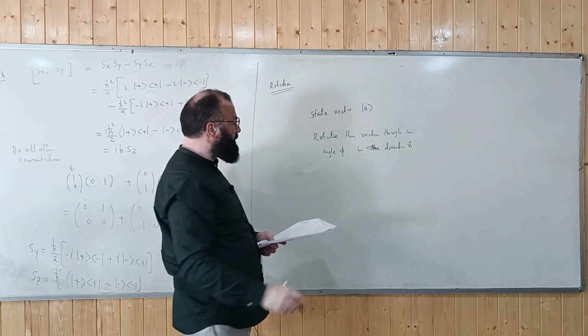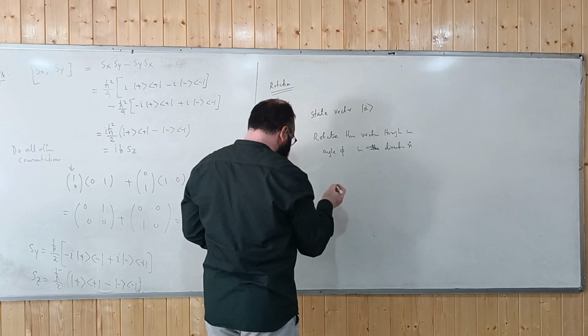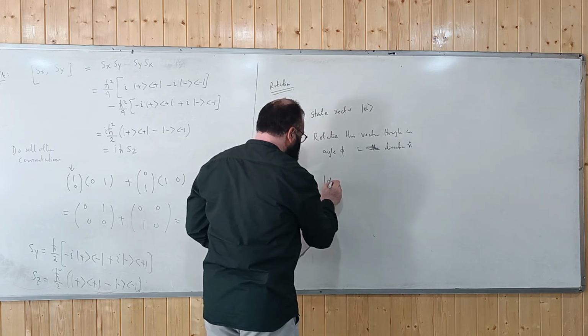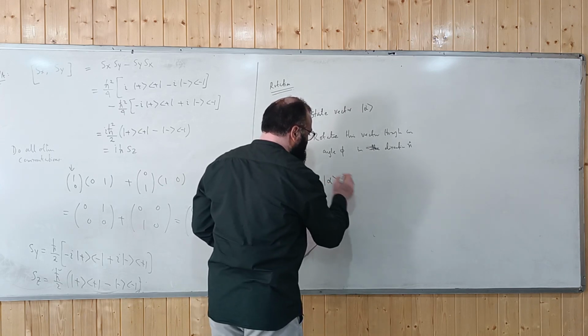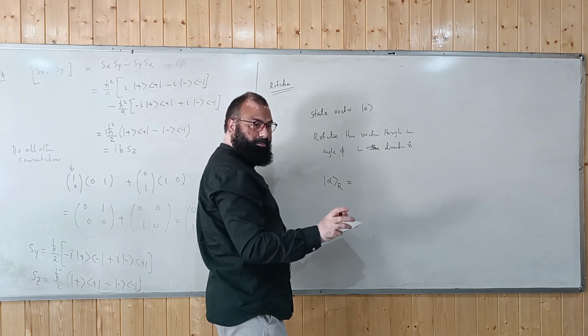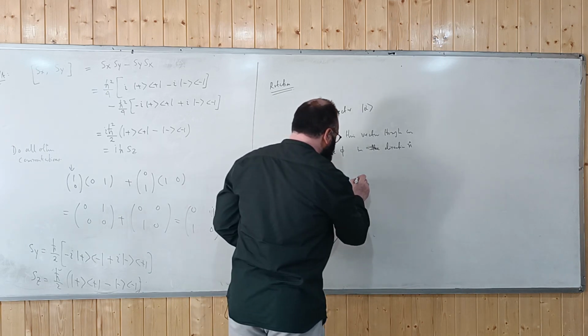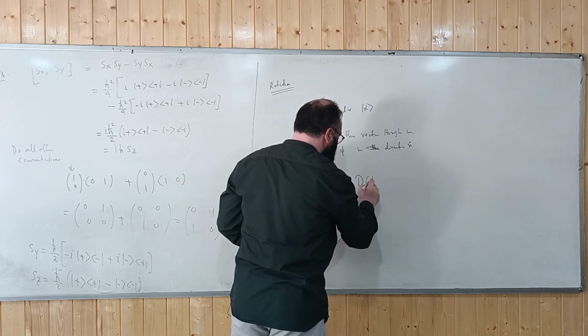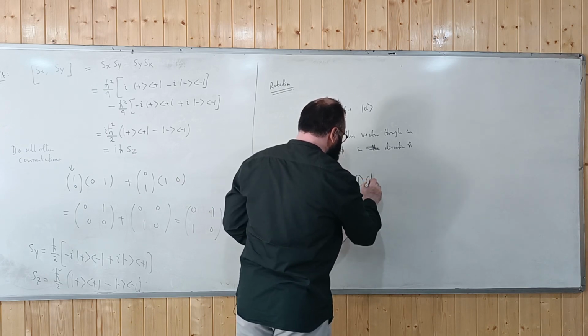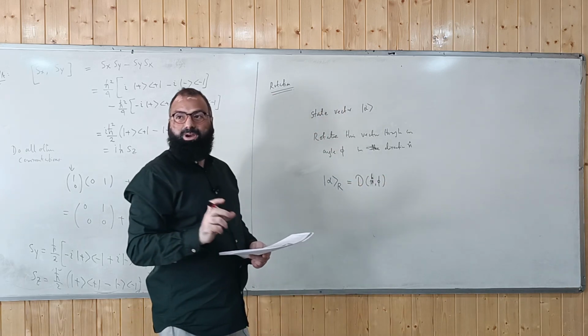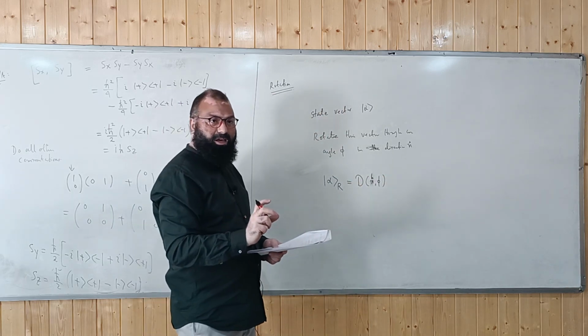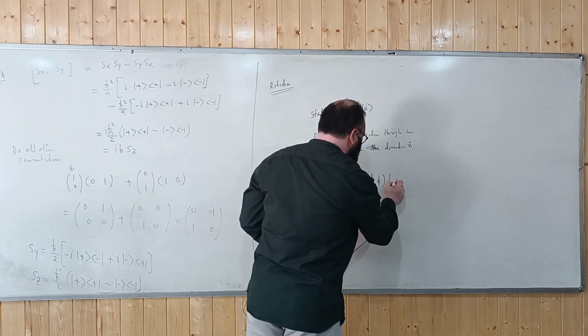Clear? So how do we describe it? Let me take the rotated ket. You apply some operator, let me call that operator D, written as D of n, phi, on a state alpha.